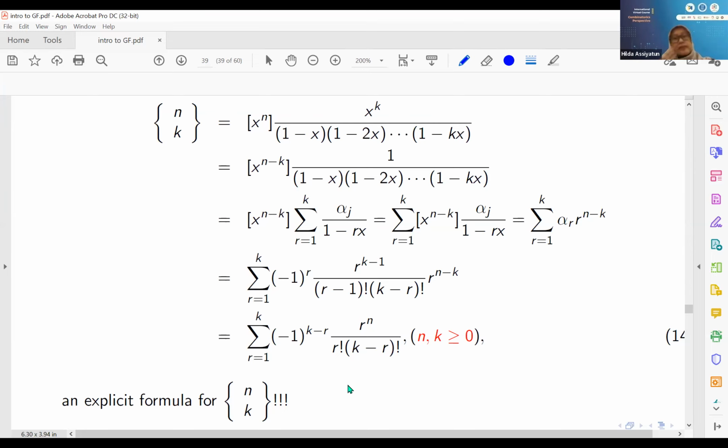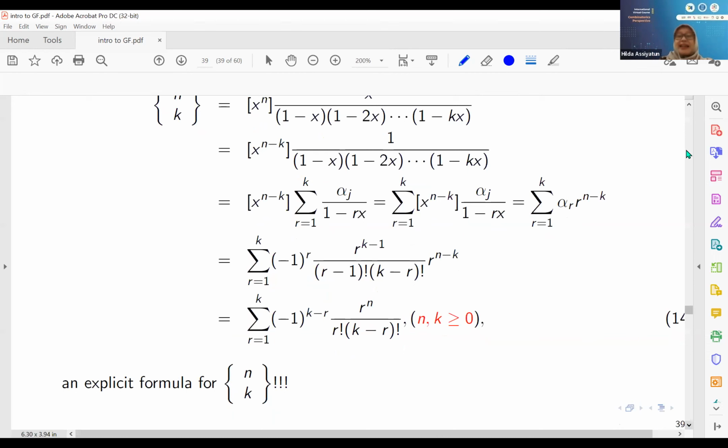So the methods succeed. The methods give us the explicit formula for our sequence. Okay. Any question or comments after this?